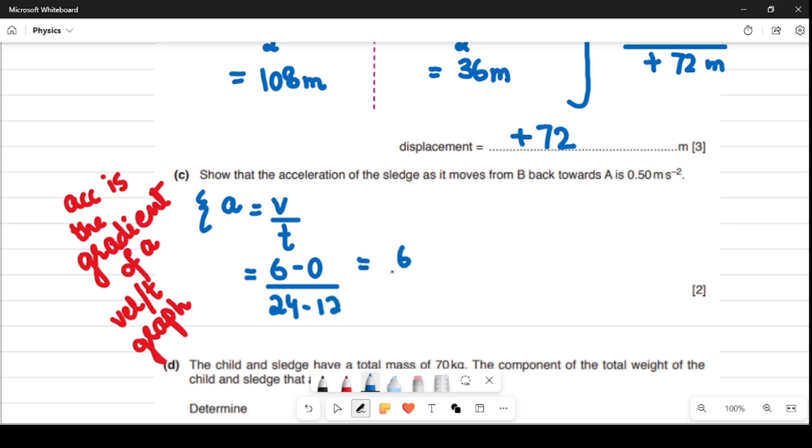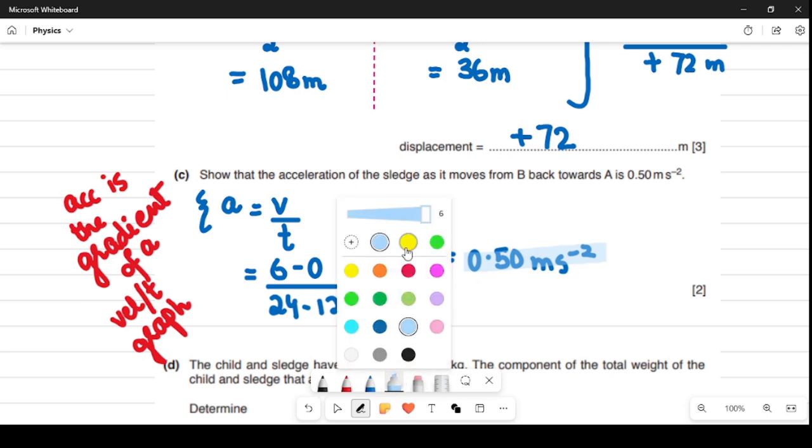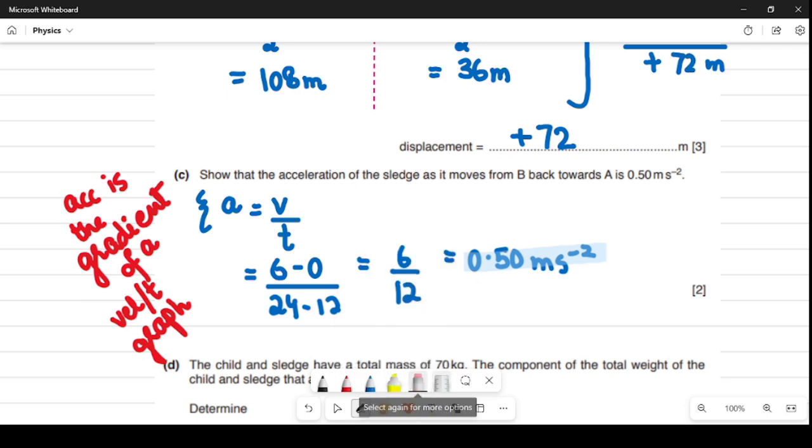This is going to be 6 over 12, which equals 0.50 meters per second squared. Right, so this is your answer.